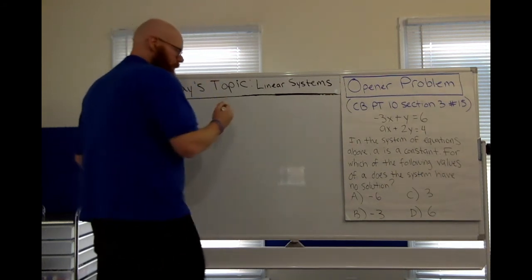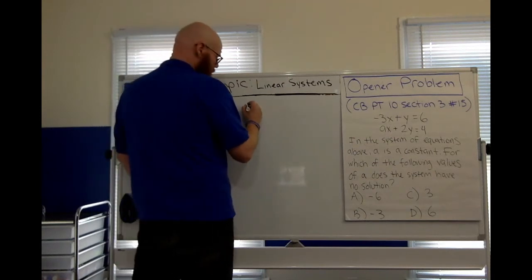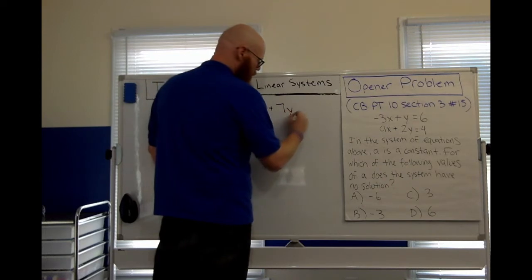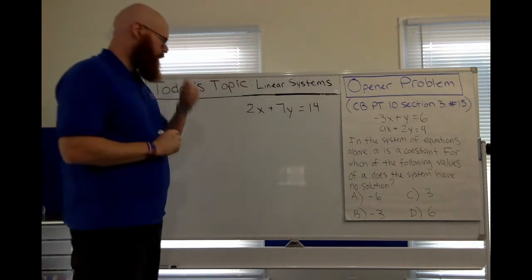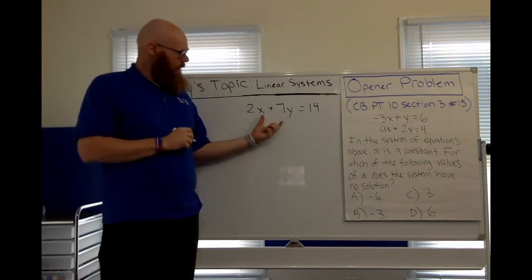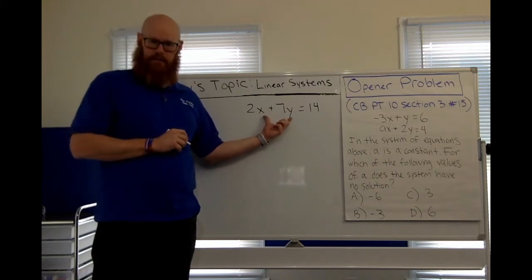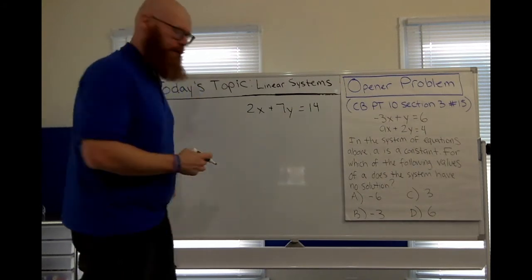So I'm going to make up a different problem, a linear equation that's in standard form. Let's say 2x plus 7y equals 14. If I want to know the slope of this, the longer way to do it would be to rearrange it to get it into slope-intercept form.